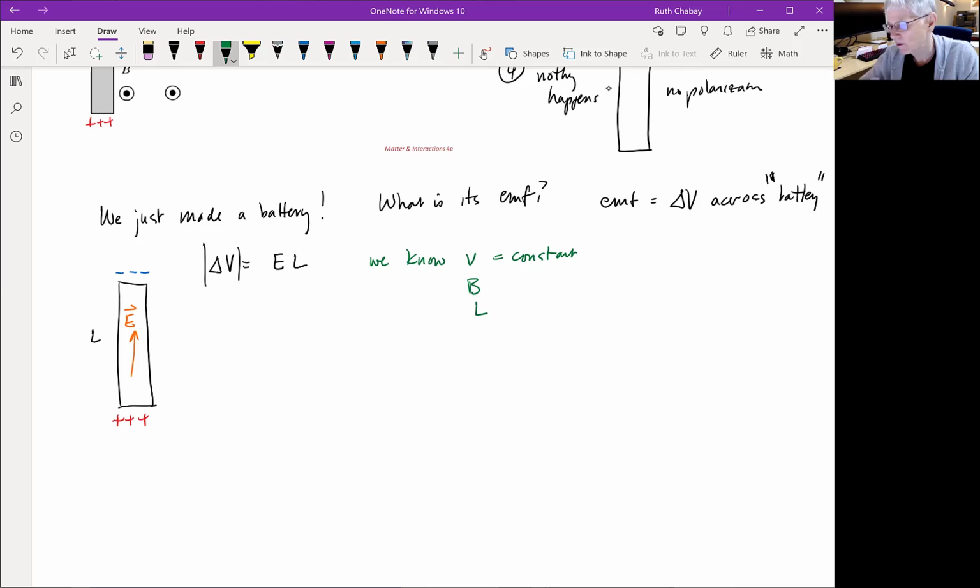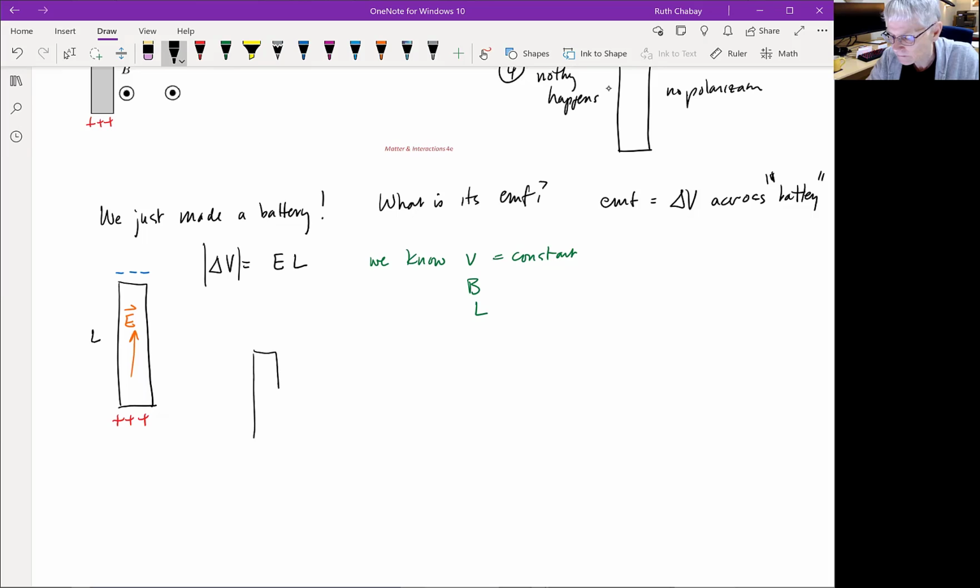We know the length of the bar. So how do we figure out what the electric field inside the bar is? Well, it helps to think about how we got to this polarization and why it's polarized this much and not some other amount.